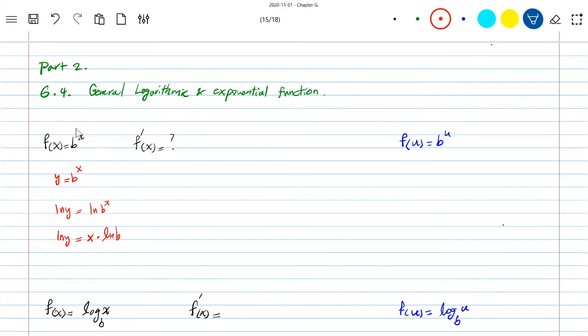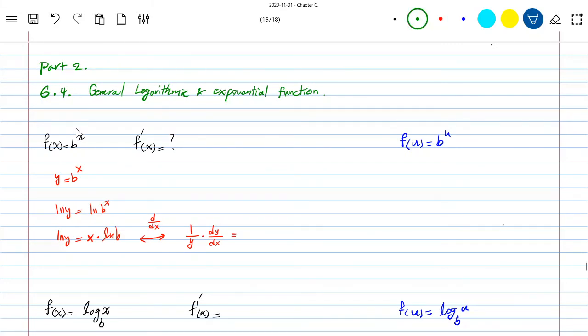Now, if we take a derivative of this, what do we think we get? If we take a derivative with respect to x, the derivative of ln y would be 1 over y. This is what we learned. Multiply by the chain rule, the derivative of y with respect to x. And on the right hand side, what we get is the derivative of x ln b.